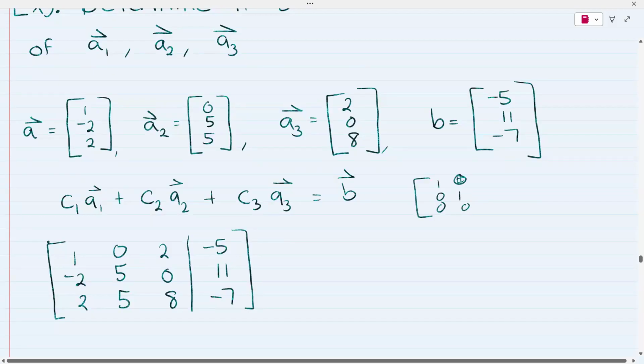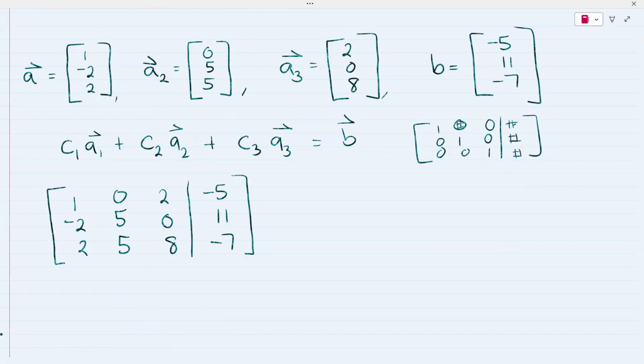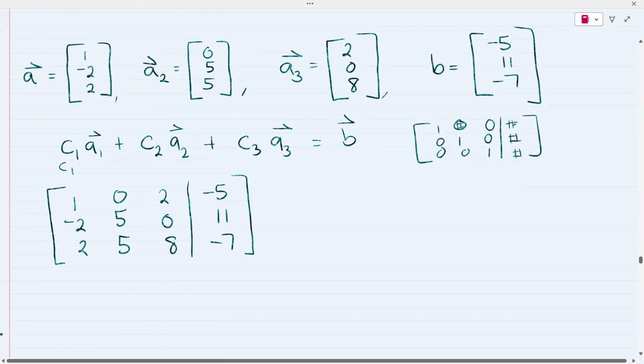And then your goal is to make this 1, 0, 0, and then number, number, and number. Okay, so that's our goal. Make these all ones, everything below and above the 1, 0. And then this is column C1, C2, and C3.